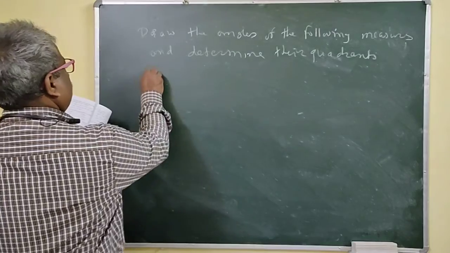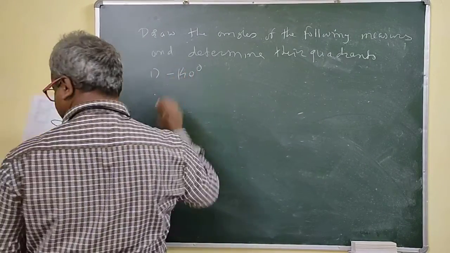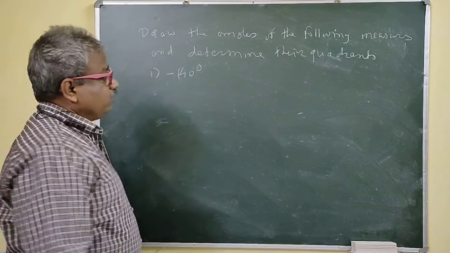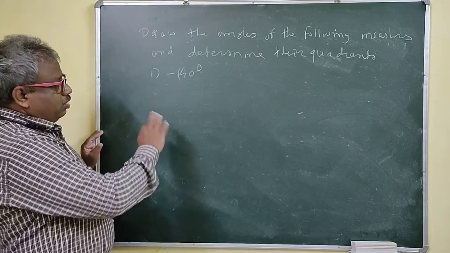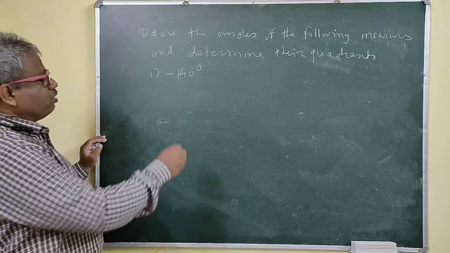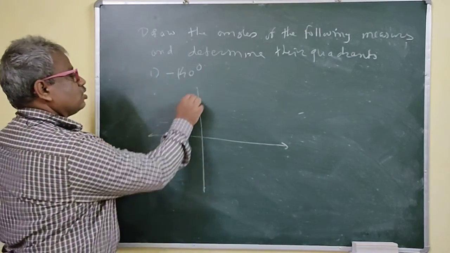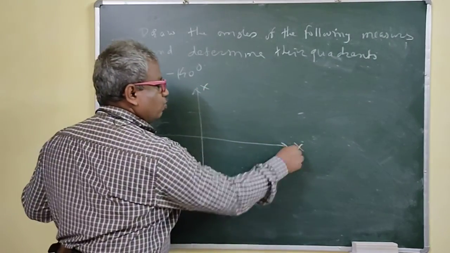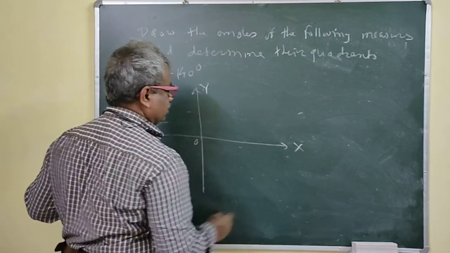So 1, minus 140 degree. If the angle is less than 360 degree, then you can draw easily, right? That means if it lies between minus 360 degree and 360 degree, easily you can draw the figure. So this is the x axis, this is the y axis.